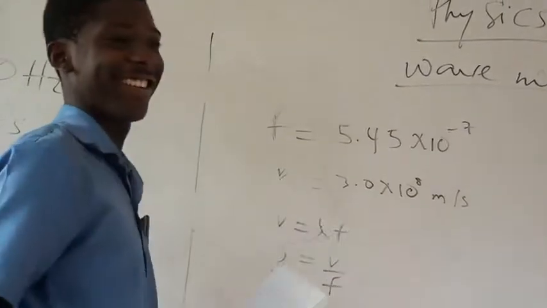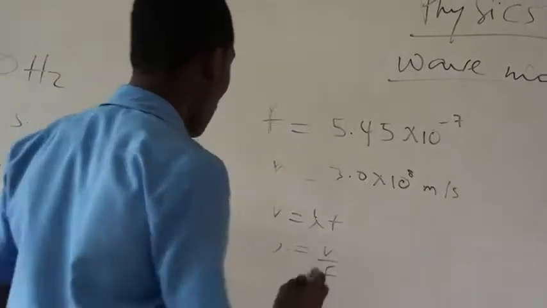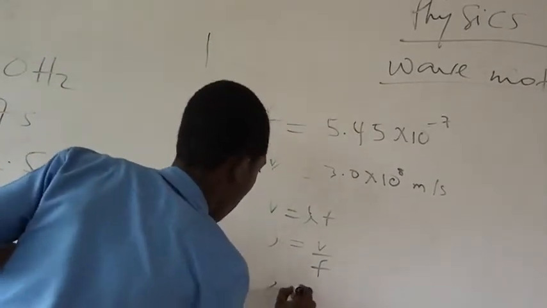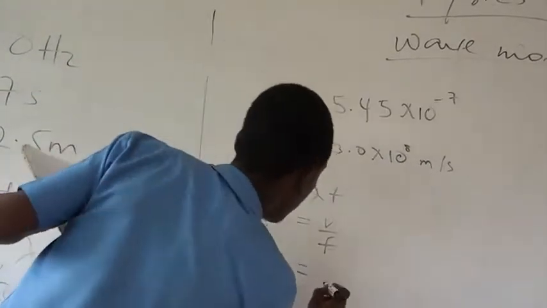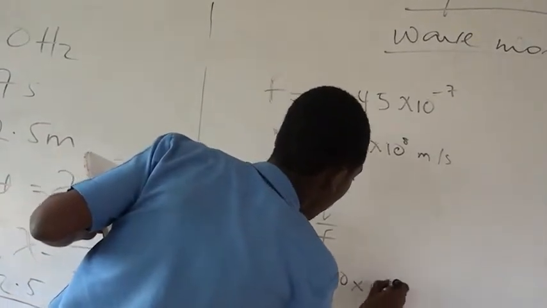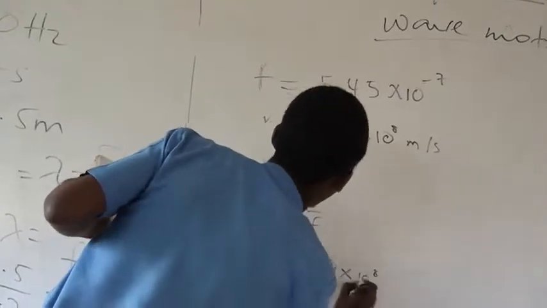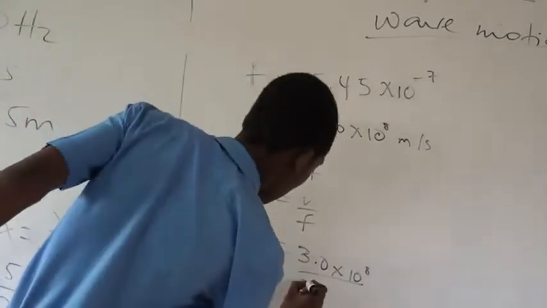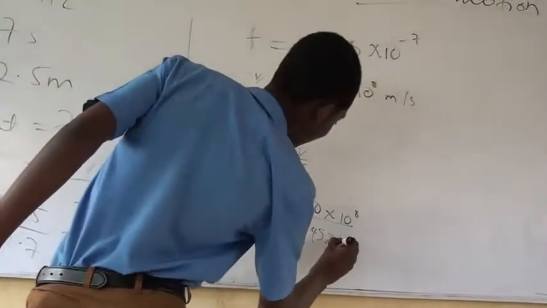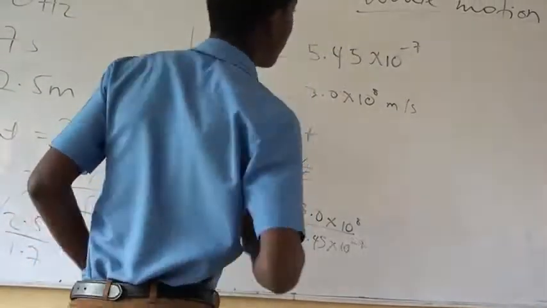Are you there? Yes. So if we substitute our values in, we have the velocity to be 3.0 times 10 to the power 8 all over our frequency, which is 5.45 times 10 to the power minus 7.